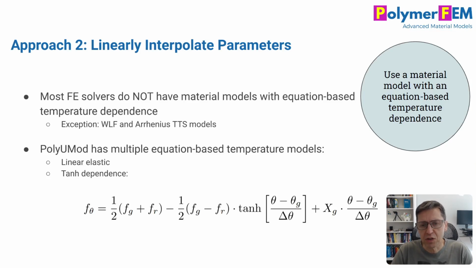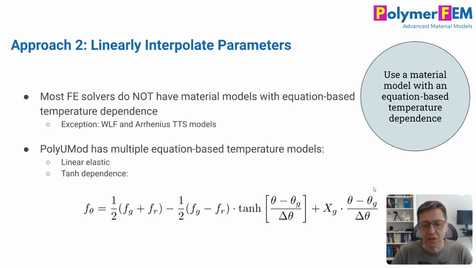Another set of equations where this is applicable is, for example, in the PolyUmod library of user material models from our company, Polymer FEM. Here's an example at the bottom that shows you a very specific equation for how the modulus changes with temperature. This is available in the TNV model, for example, in the PolyUmod library.